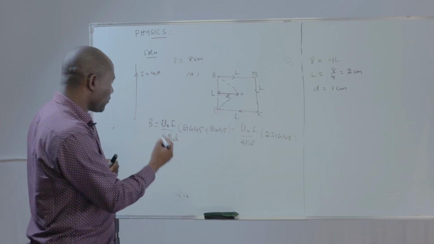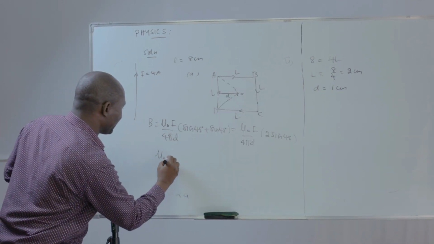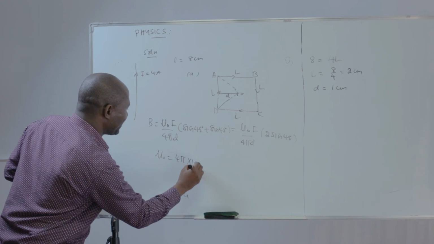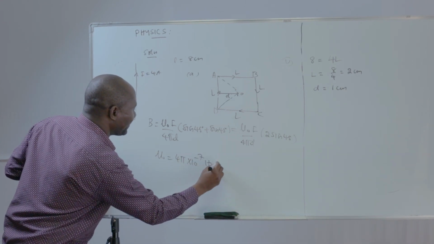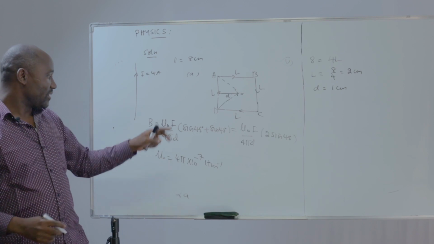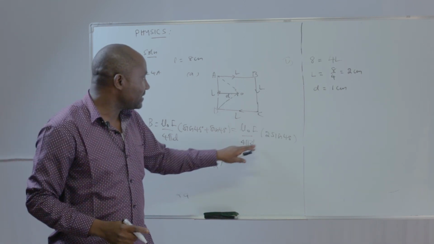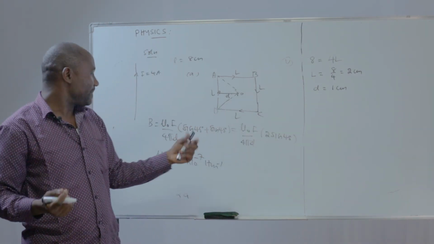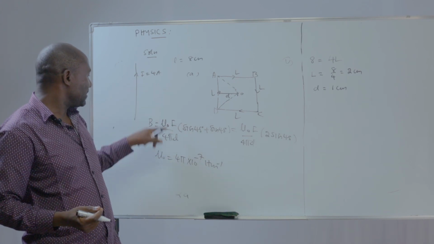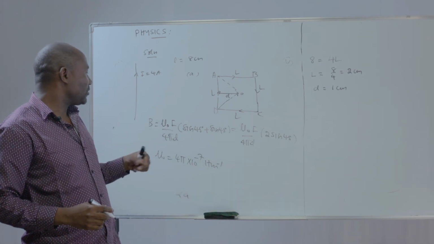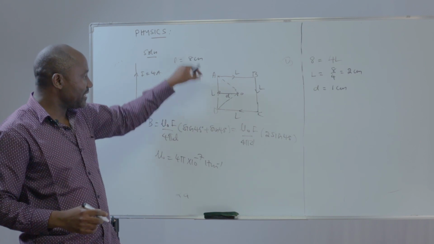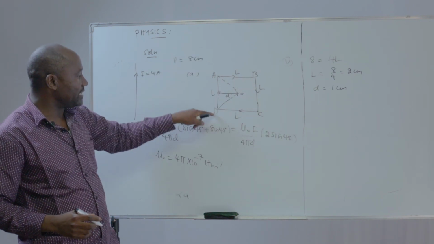Mind you that our mu here is given, 4 pi times 10 negative 7 Henry per meter. That's the value of mu. So you know the mu, you know the D, 1 centimeter, you convert into meter, and you know the current is given, so you can find the magnitude of the magnetic flux density for a small wire, this AD.